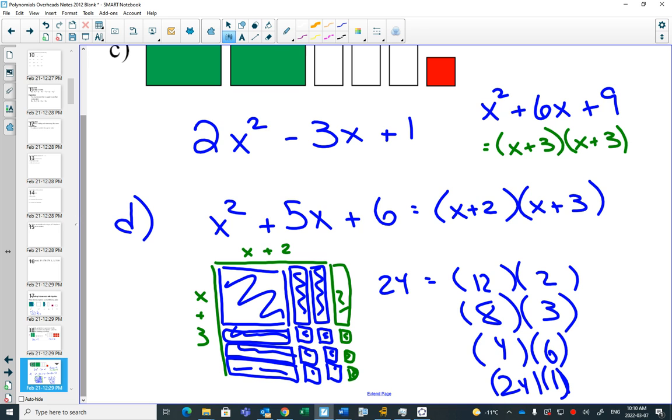And because those two are the same, how do we show repeated multiplication? What's another way that I could write 5 times 5? 5 squared. So another way I could write x plus 3 times x plus 3 is x plus 3 squared. And because it's squared, it makes a square.